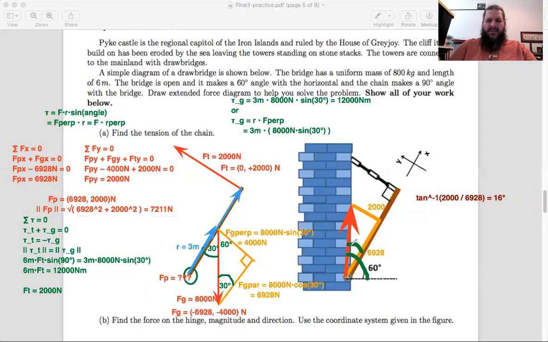So we can say that the pivot force, we certainly know the magnitude is 7,211 newtons. For the direction, we can say that it is 16 degrees above the drawbridge itself, or we could say 76 degrees above horizontal. Either way works, as long as that's just describing the direction of the force. Any other questions on that?